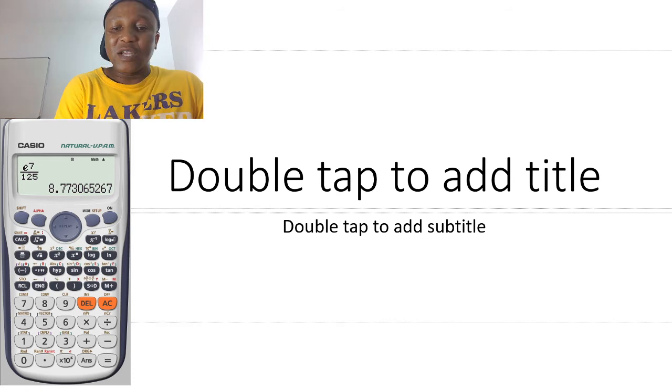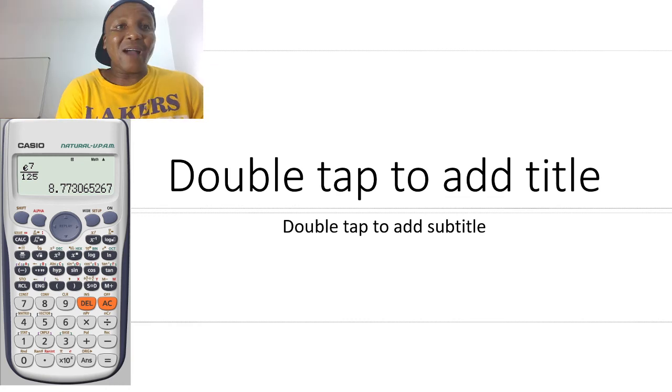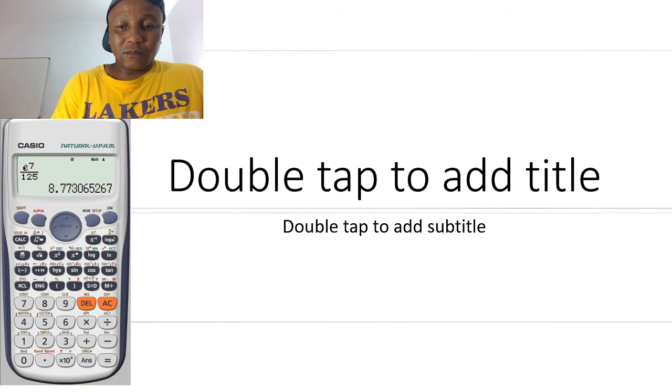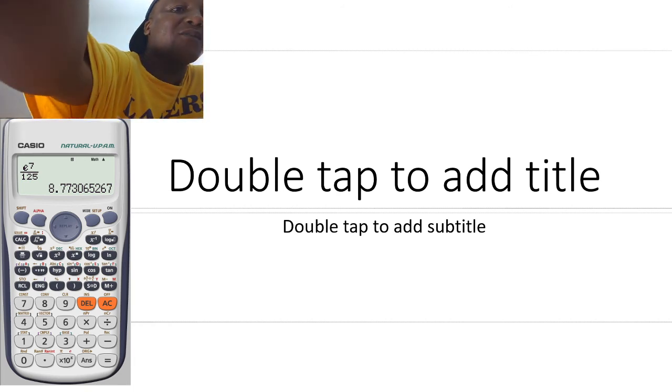Now, point 2, because they say find the maximum, it means we look for the bigger one. So we must test those feasible points. It's going to be 60 times 6 plus 20 times 12.